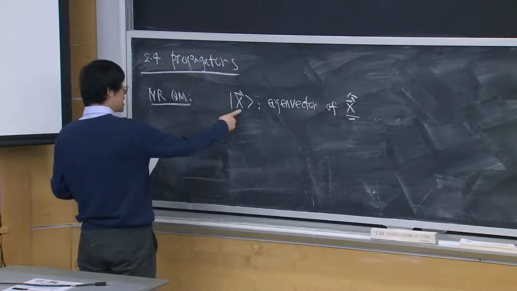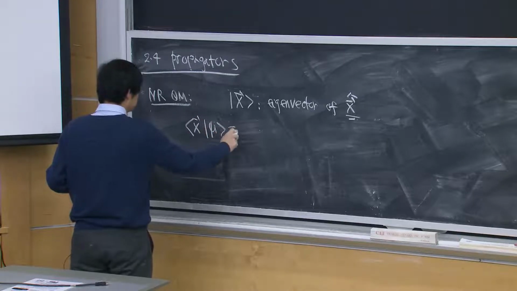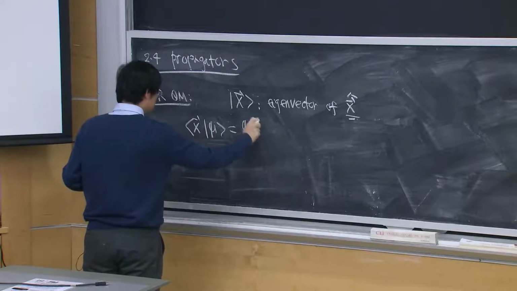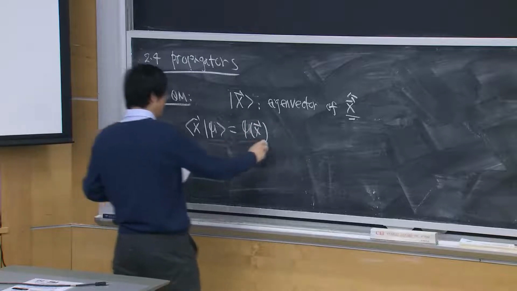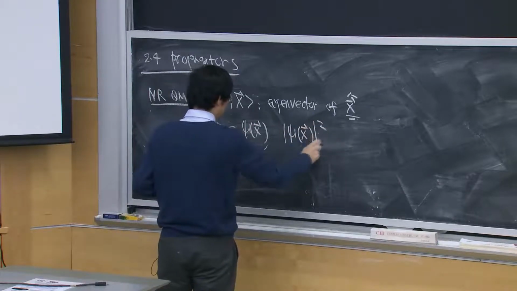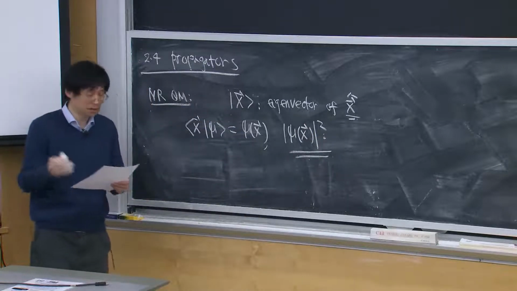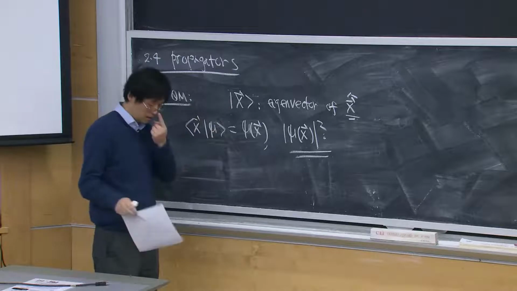Because we need this to define the wave function, and the square of the amplitude of the wave function gives us the probability of a particle at location x, this is a crucial quantity.